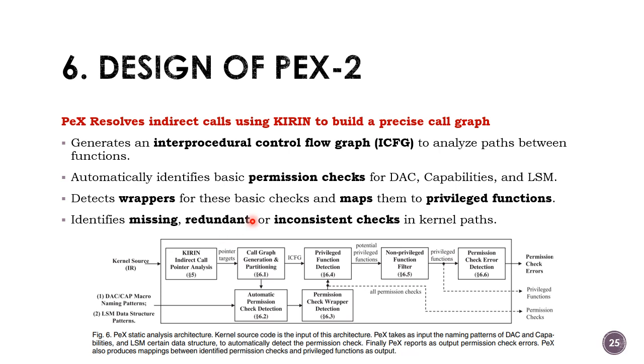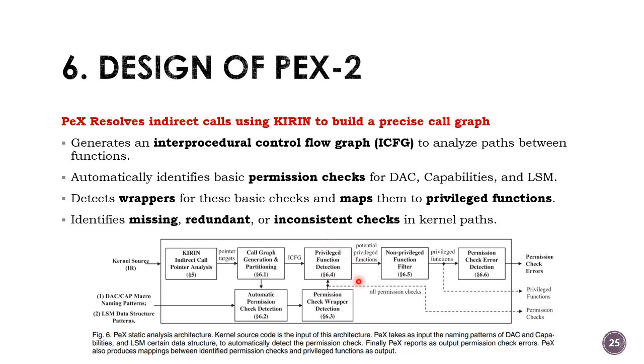These 2 will be conducted in parallel. Generally, the permission check wrapper might complete first, then we will have the first output, which is the permission checks to target them. And the second output is the privilege function detection.